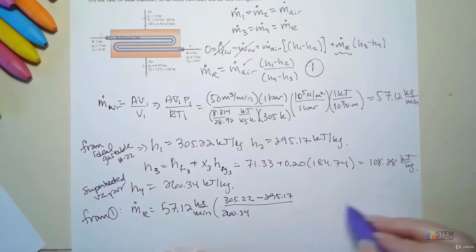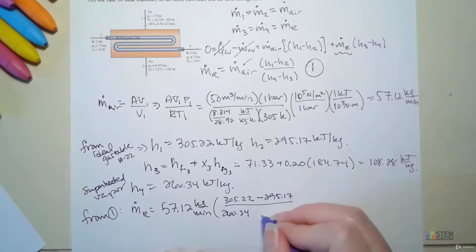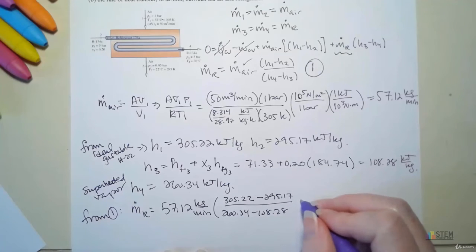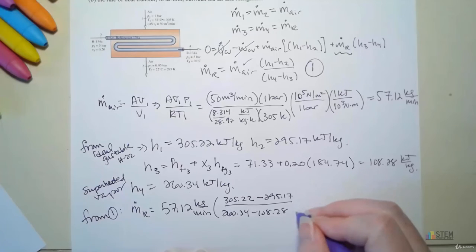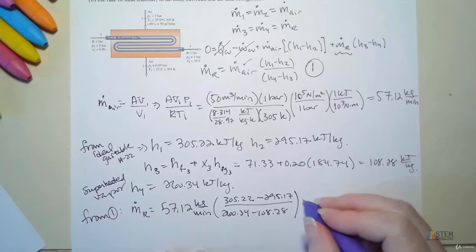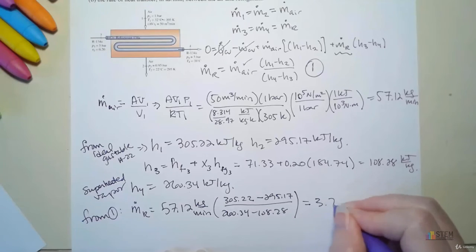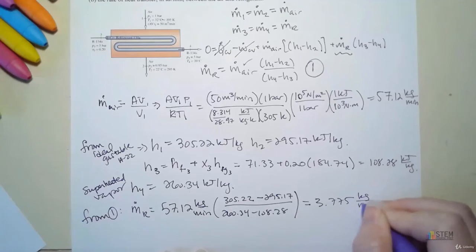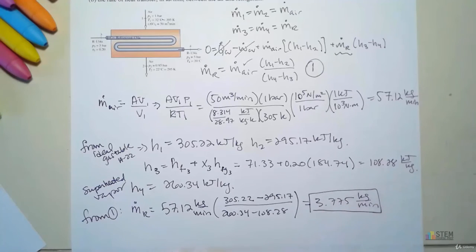And then let's subtract H3, which is 108.28. And all of those are kilojoules per kilogram. So all the units there are going to cancel out. So this is going to leave you with 3.775 kilograms per minute. So there's your answer for part A.